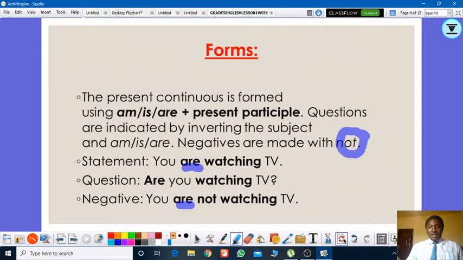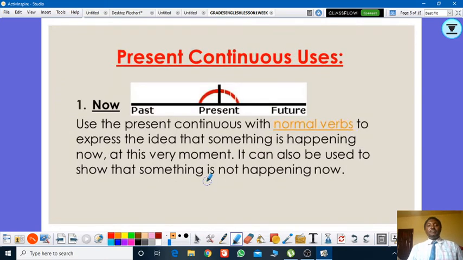Very good. Now we are going to learn the uses of the present continuous tense. We have several uses, about 4. How is the present continuous tense used?